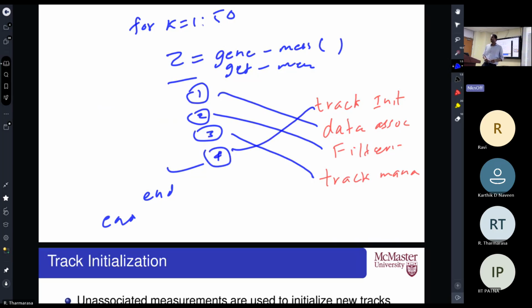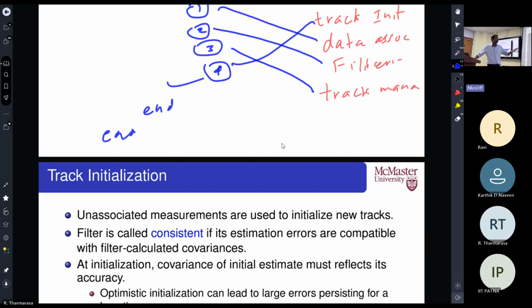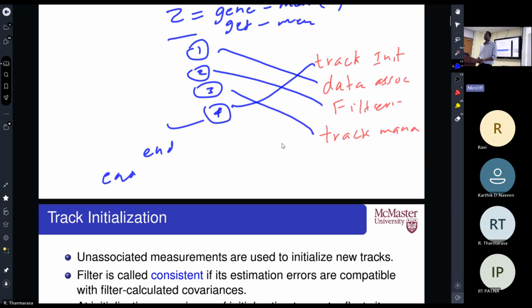You thought that track initialization will be the first one to do, but usually I would do the track initialization at the end. The reason is that, like in the slide, that's how I have it. But anyway, I am going to teach track initialization first, then the others, but track initialization is usually the last part.